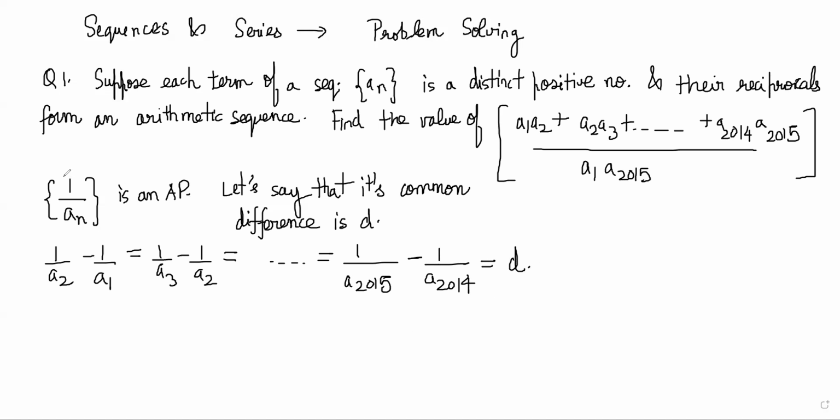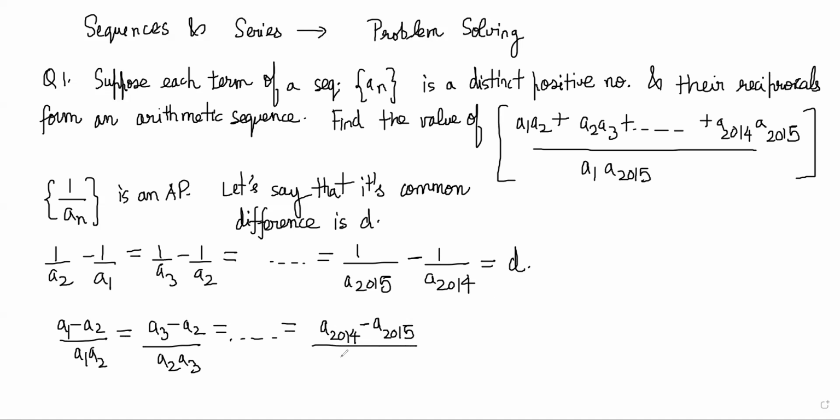Because 1 by an forms an AP, therefore this relation is true, which implies that we can write it as (a1 minus a2) by a1 a2 is equal to (a2 minus a3) by a2 a3 and so on till (a2014 minus a2015) by a2014 a2015 is equal to D, right?